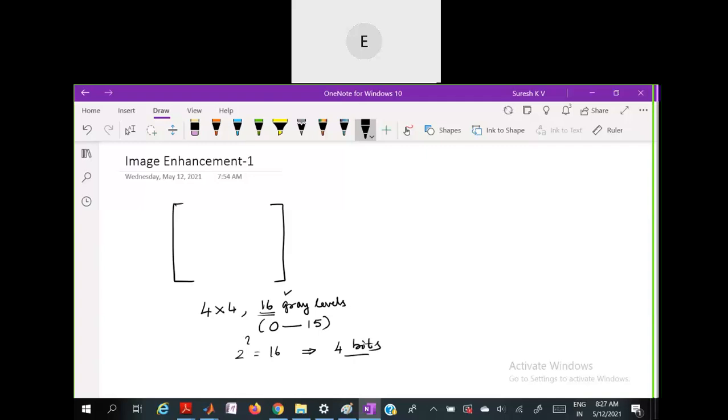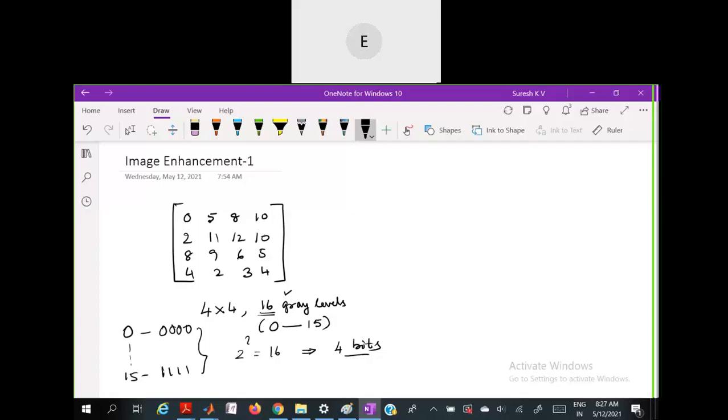So your gray levels can be from 0 to 15. 0 is represented as 0, 0, 0, 0, and 15 is represented as 1, 1, 1, 1. Let us take some numbers here. Assume that this is 5, this is 8, maybe this is 10, this is 2, this is 11, 12, 10, 8, 9, 6. I am just randomly taking some values.